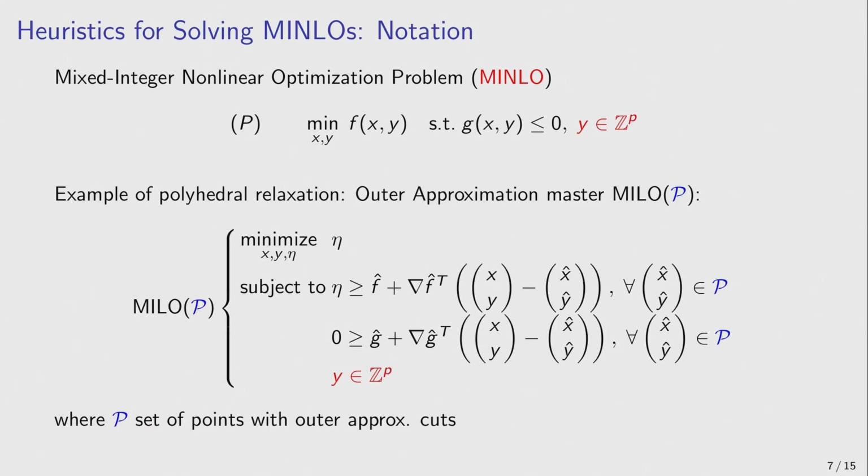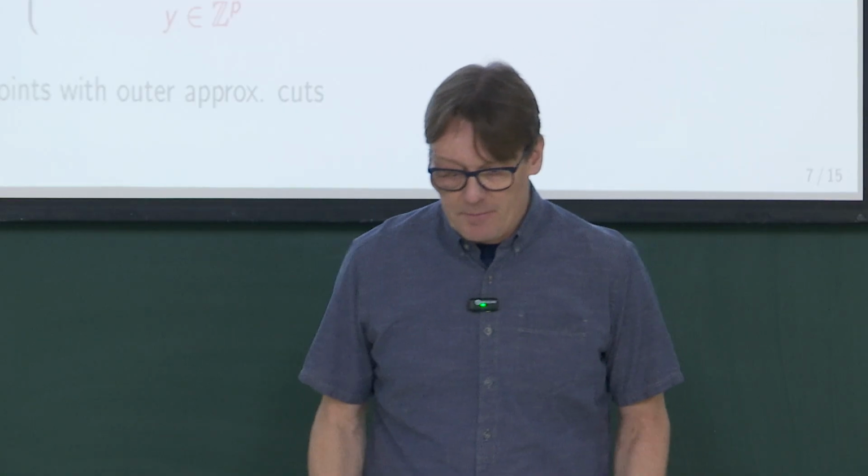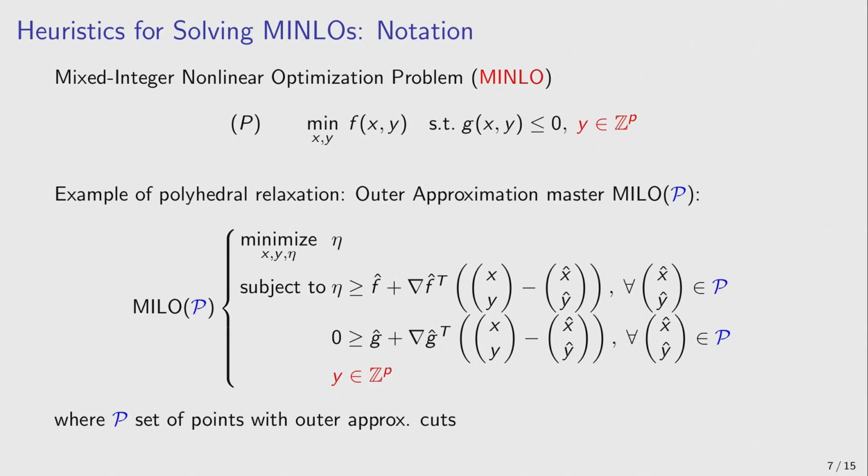Okay. And so then, just as a reminder, we have at our disposal various problems that we can solve, or we can solve approximately, in order to put a heuristic together. And so one of the problems that plays an important role is this outer approximation master problem. And so assume that I'm being given a set of points P at which I have linearized my objective and my constraints.